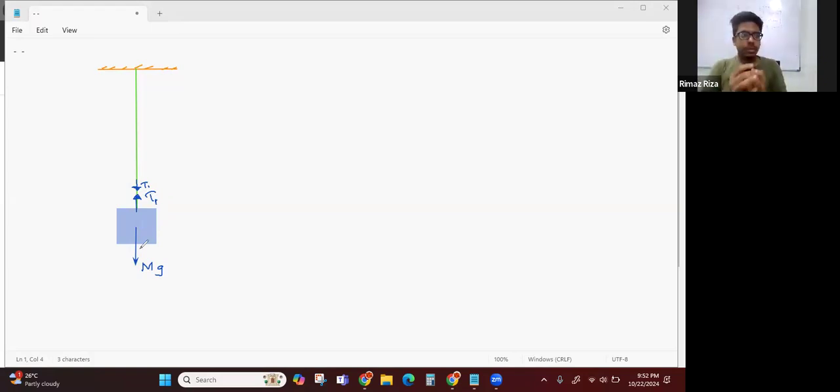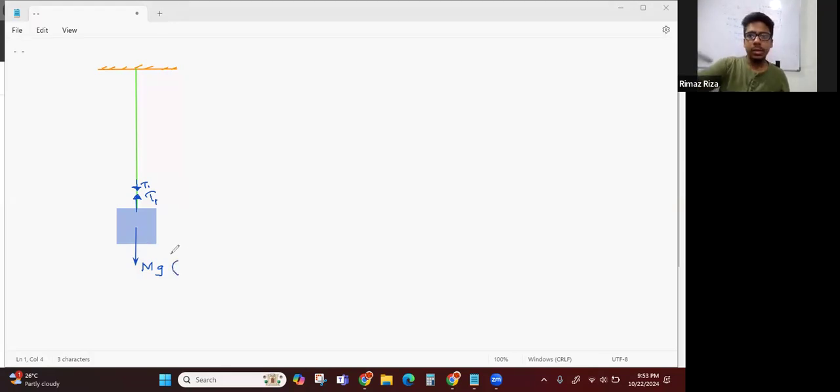The weight pushes the mass downward, and since the string is connected to the mass, the mass pulls the string vertically downward. If gravity is not there, then the mass will not pull the string downward. Do you understand? Yes, sir. Okay.